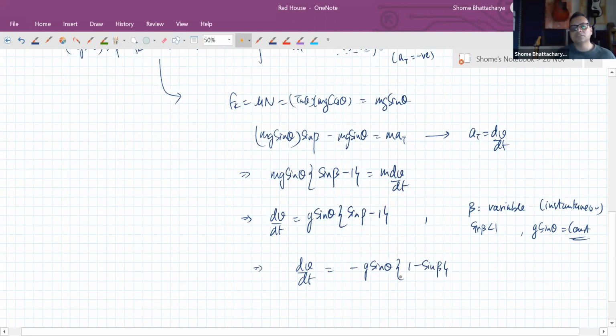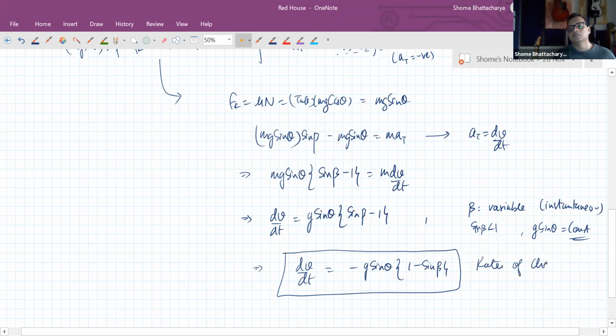So this is the rate of change of speed, not velocity but speed, because it is the magnitude of velocity with respect to time, where g sin theta is constant but beta is instantaneous. So make sure you understand this set of equations, then we'll proceed.